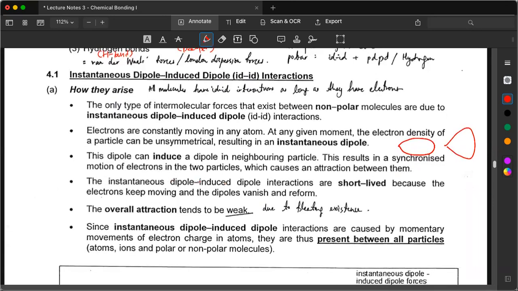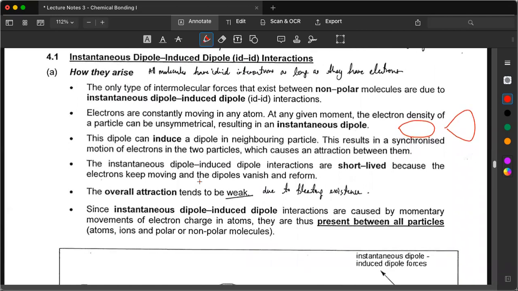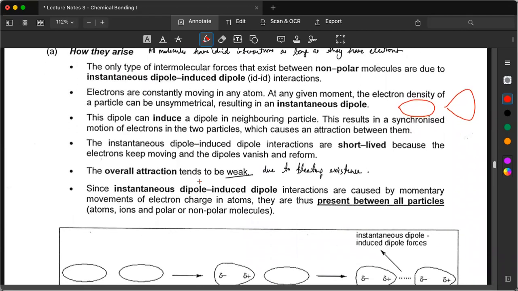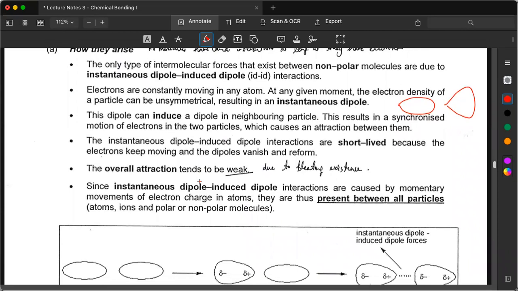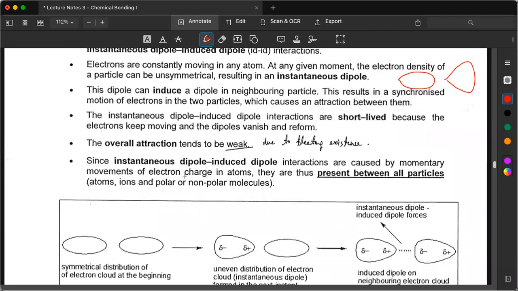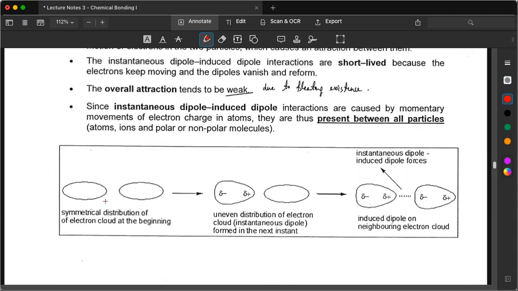ID-ID interactions are short-lived because the electrons are moving and the dipoles vanish and reform. Because they are short-lived, the overall attraction is weak. Such ID-ID interactions are caused by momentary movement of electron charges, so they are present between all particles, including atoms, ions, polar, or even non-polar. This is a diagram to explain the concept.